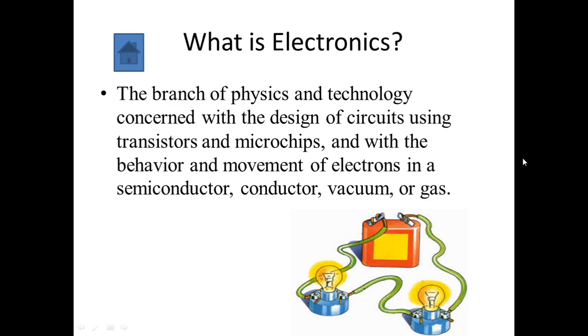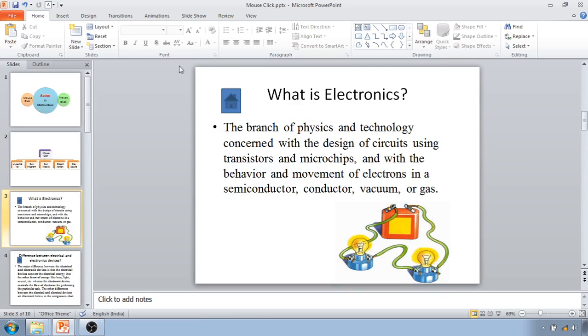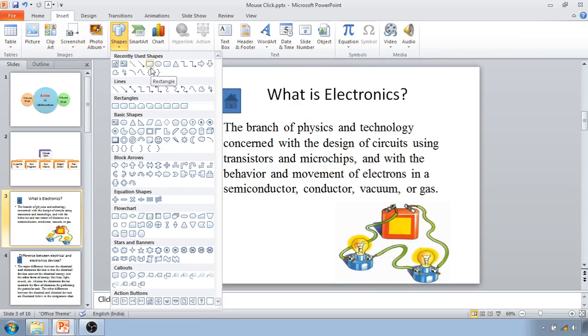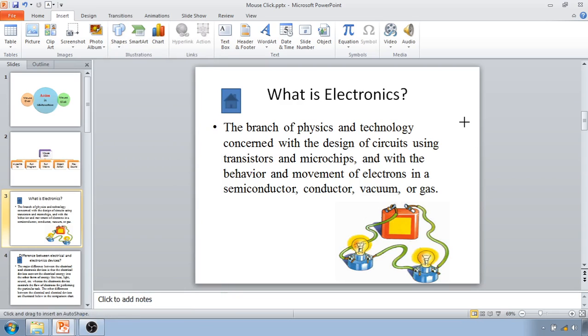Next, if I want to insert a sound, then what I have to do is insert a shape again, a normal shape this time like this, and I will put it here. I want this for this slide only, that's why I'm using this. If you want to apply it to all the slides, then you have to use the slide master.